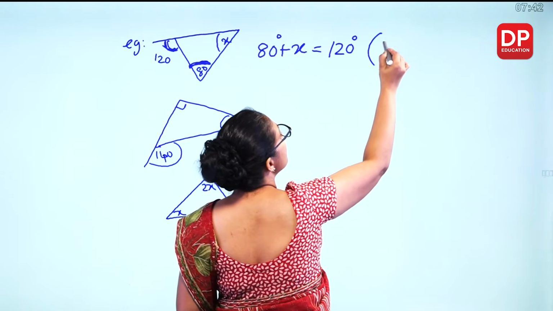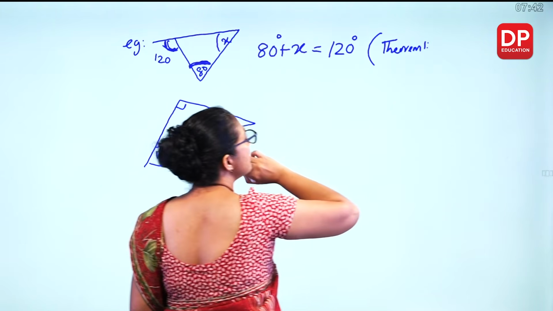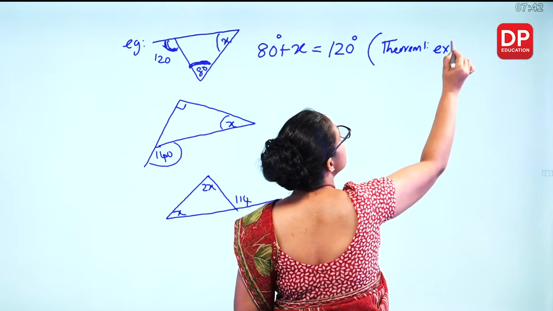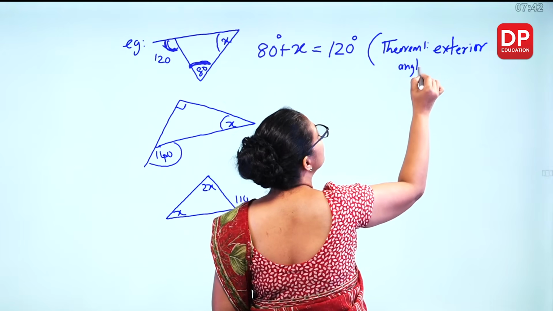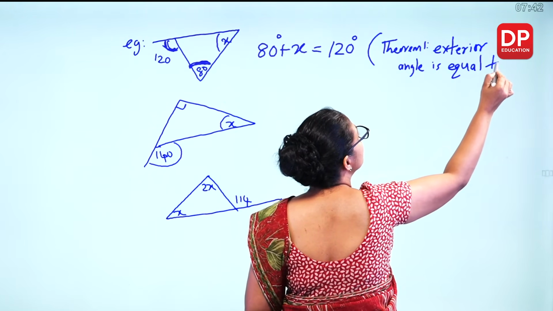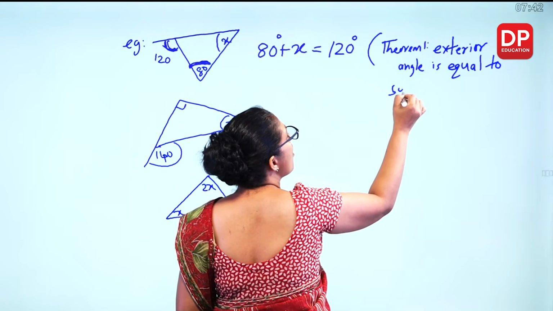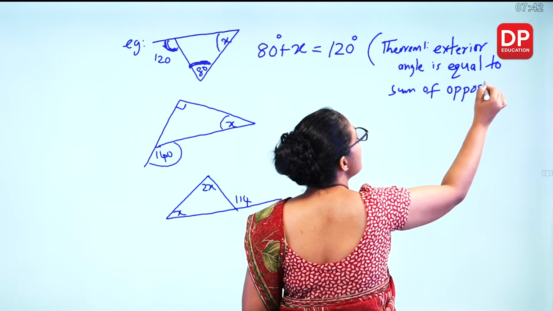I can write theorem number 1: exterior angle is equal to sum of opposite interior angles.